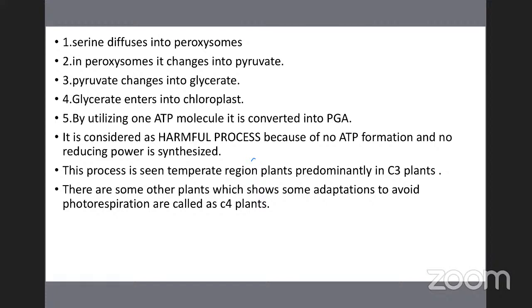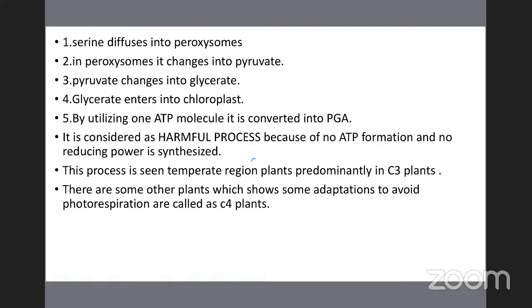And this photorespiration is treated as a harmful process. Why is it treated as a harmful process? Before this, let us recall the C3 cycle. In the C3 cycle, 18 ATP molecules are synthesized and 12 NADPH2 molecules are synthesized.